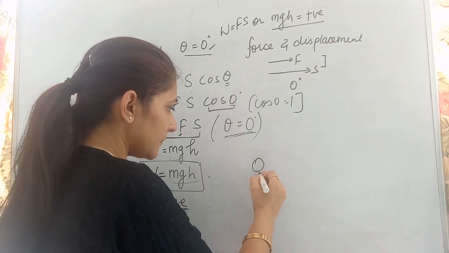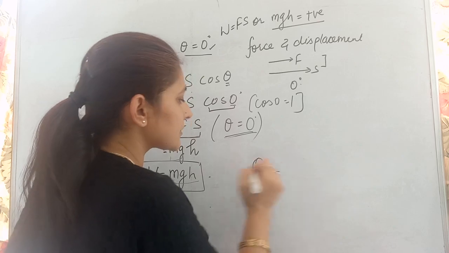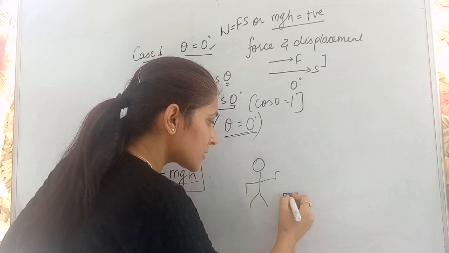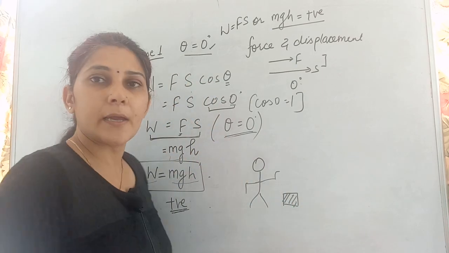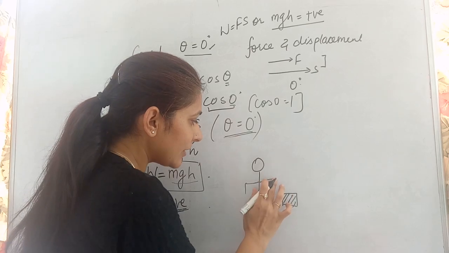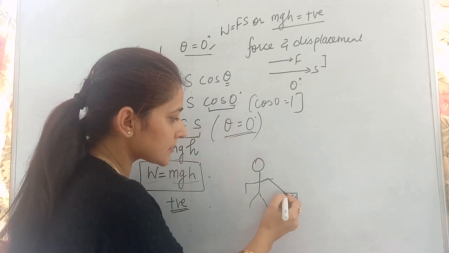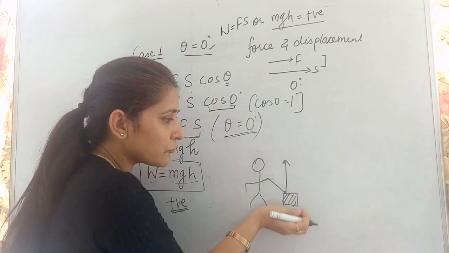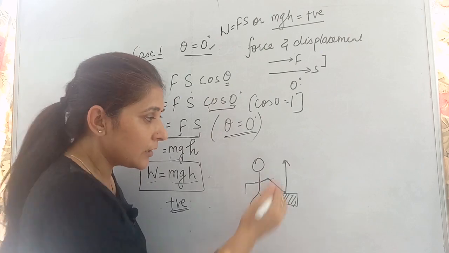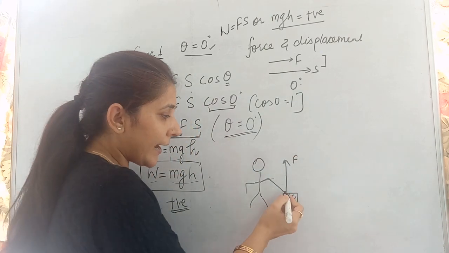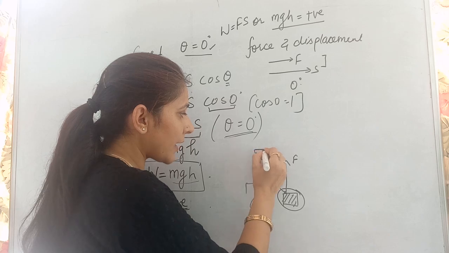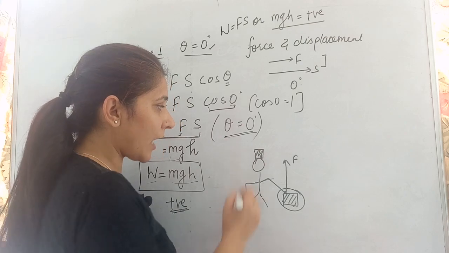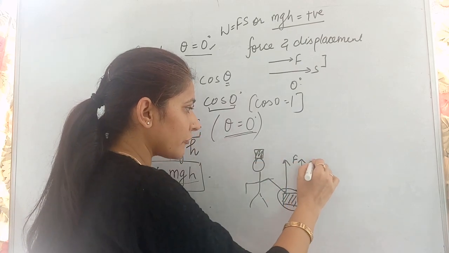Suppose this is me, and I want to pick up this box and keep it on my head. So I will pick up the box and my hands will apply force in upward direction to lift it. So force is applied in upward direction, and ultimately this box is placed by me on my head. In which direction does displacement happen? Displacement also happens in upward direction.